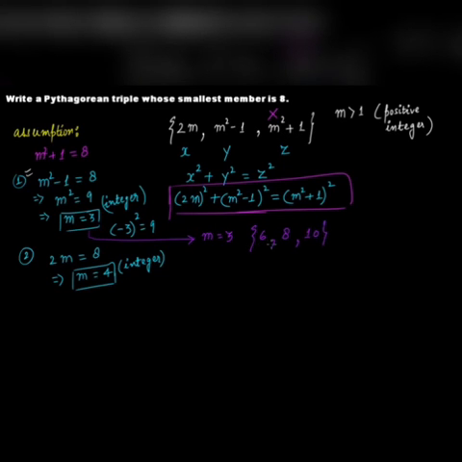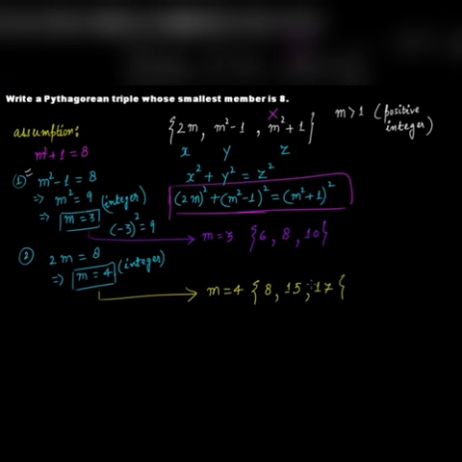So the values that you are getting here are 6, 8, 10. Check for m equal to 4. When you put m equal to 4 here, you get 8, then 4 squared is 16 minus 1 is 15, and 4 squared, 16 plus 1 is 17.